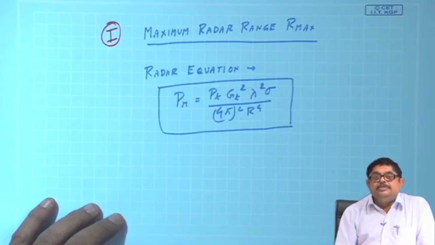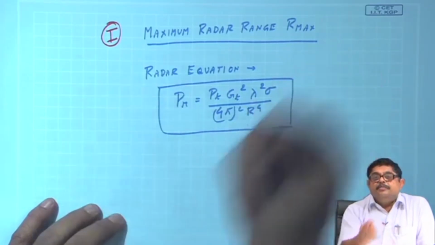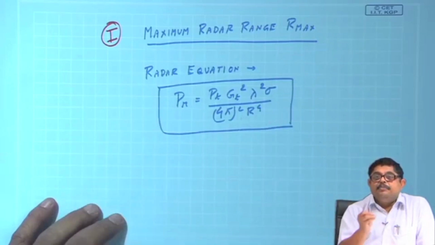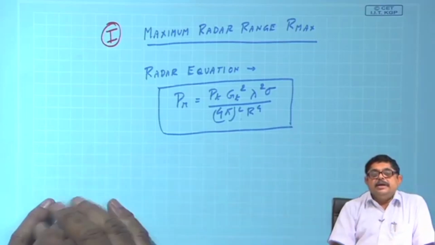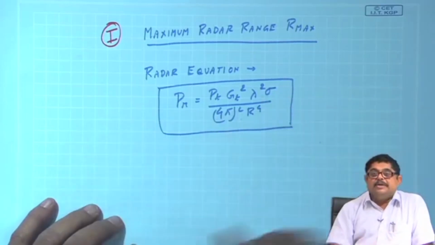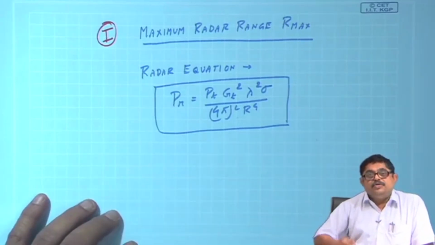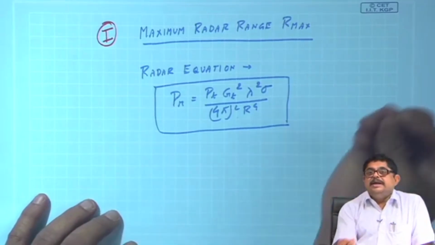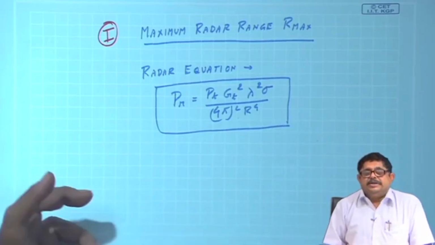Now, that depends on the power that my receiver can detect. Every receiver, you see, operates in the presence of noise. Now we are coming to practical problems, that there is noise in the environment. So the receiver cannot measure any amount of power, because the receiver itself is an electronic circuit.